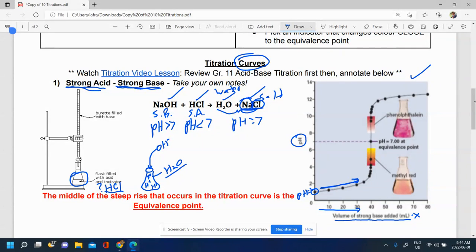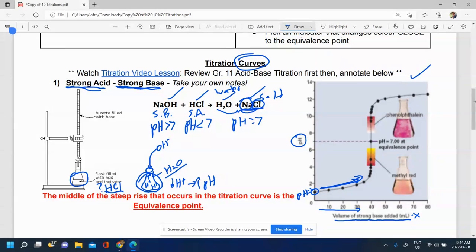As you add OH-, you reduce the amount of H+ in the flask, and so that leads to an increase in your pH. But it starts to do that slowly because you have a lot of H+ in here. There's a lot of acid, and you're only adding the OH- drop by drop. So it's a slow rise at the beginning.